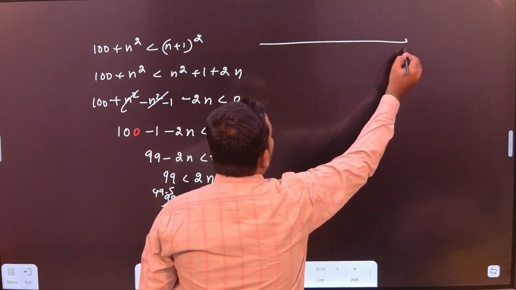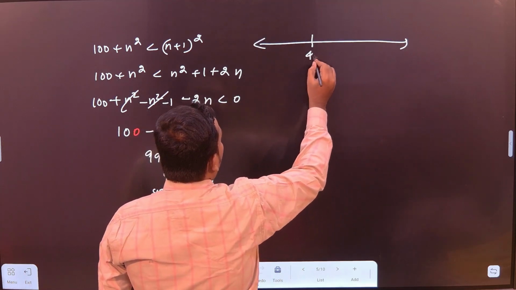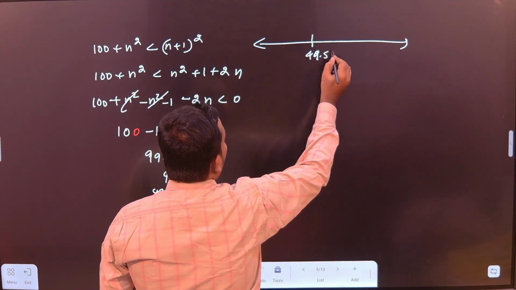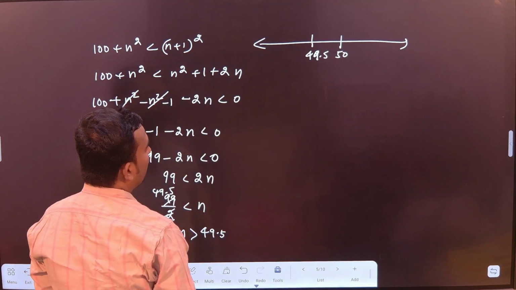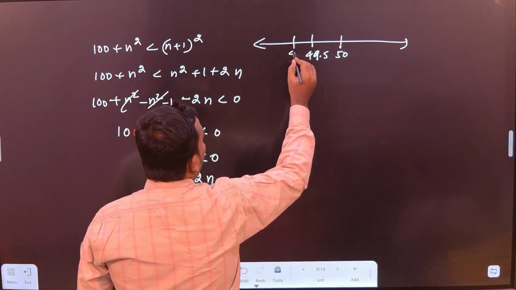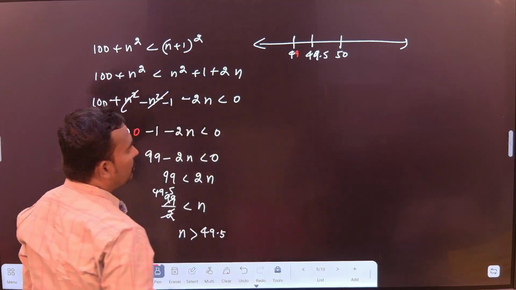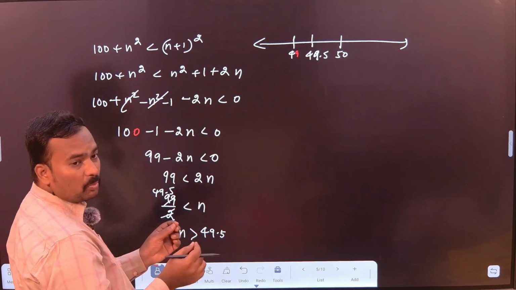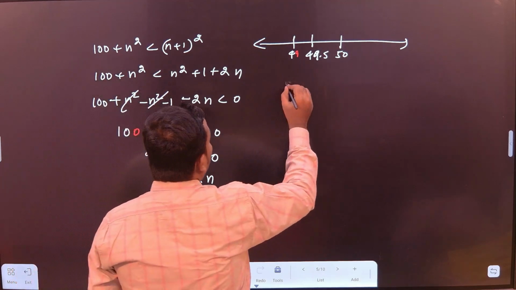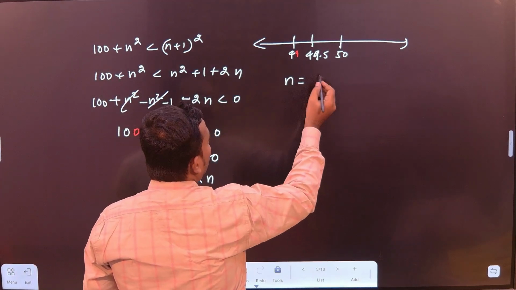You can see here, this is 49, 49.5 you can take, this is 50, right? This is 49, right? So if we need more than 49.5, it means you can choose the smallest n.